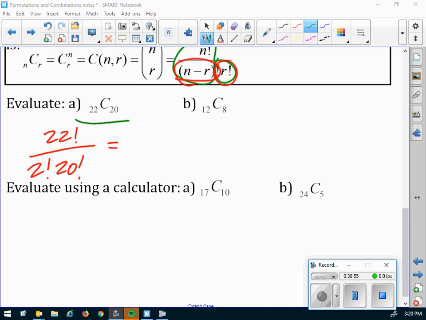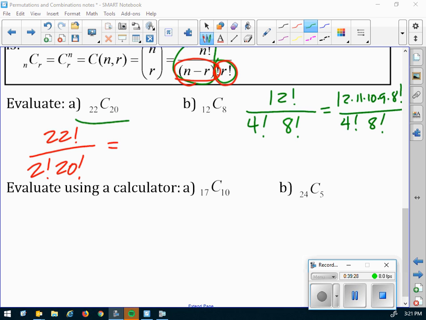All right, let's do this one by hand. 12C8. Now, what's our numerator going to be? 12 factorial over. Now, what's n minus r? 4 factorial times, no, 8 factorial. So I've got 12 times 11 times 10 times 9 times 8 factorial over 4 factorial times 8 factorial.